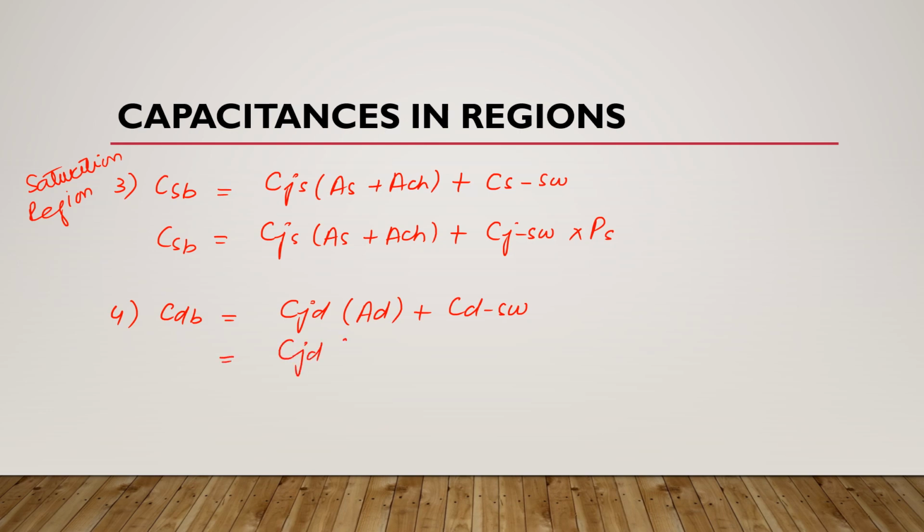Now if we put the value of this drain sidewall capacitance here, this formula looks like this, okay. So these are the formulas of source to bulk capacitance and drain to bulk capacitance when there is sidewall capacitance.